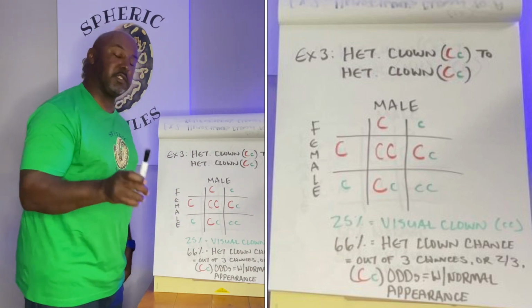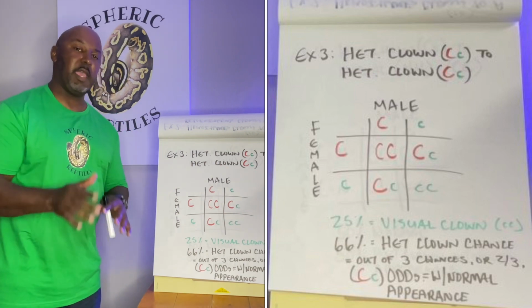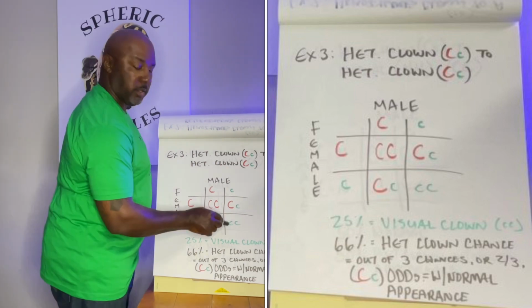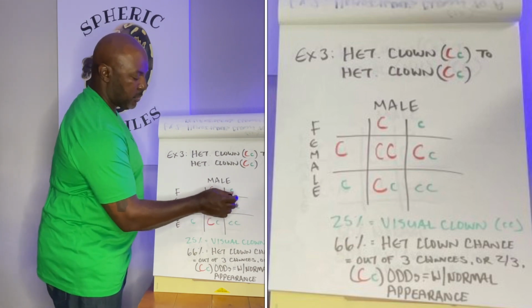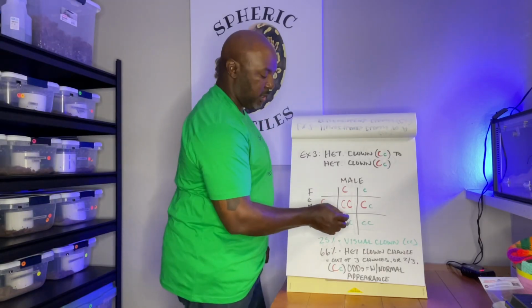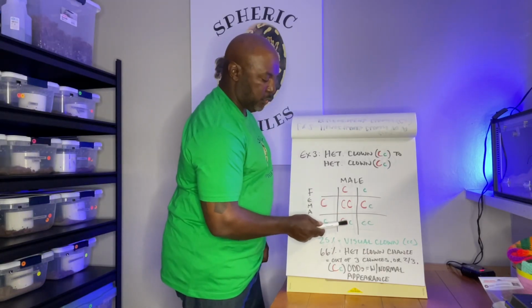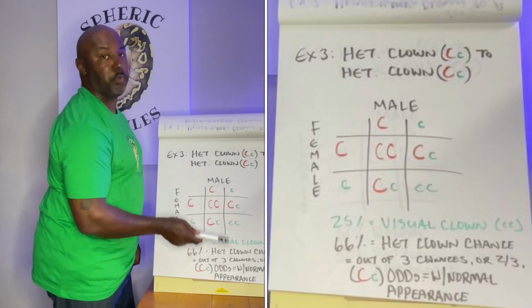Now, the interesting thing is when you see this, when you see 66% het clown, what does that mean, right? If you get this visual, then you're good. But if you get these right here, you'd have to genetic test, because there's no way for you to tell if this non-visual heterozygous clown is just a normal without genetic skin testing or breeding it out.